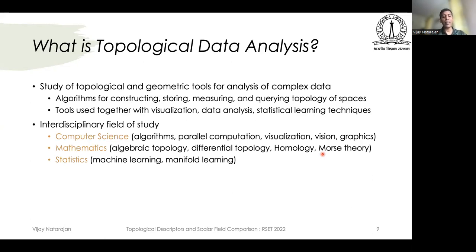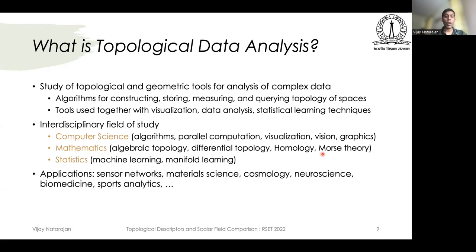And increasingly, the use of ideas from statistics and optimization, namely machine learning, manifold learning, and so on. Within the past 10, 15 years, since TDA has become a big field, there are lots of applications, very diverse, going all the way from sensor networks, material science, medicine, all the way to sports analytics.